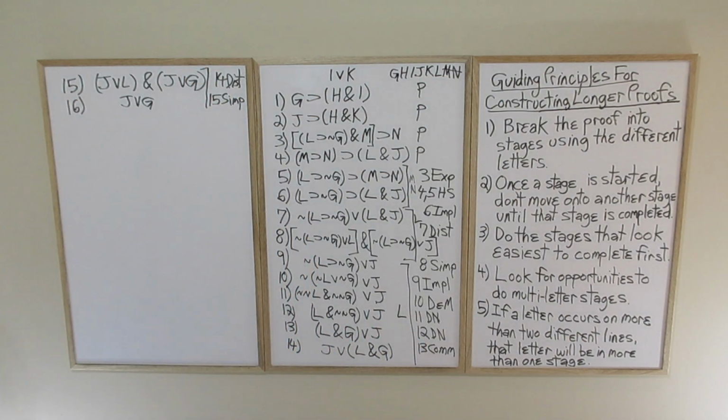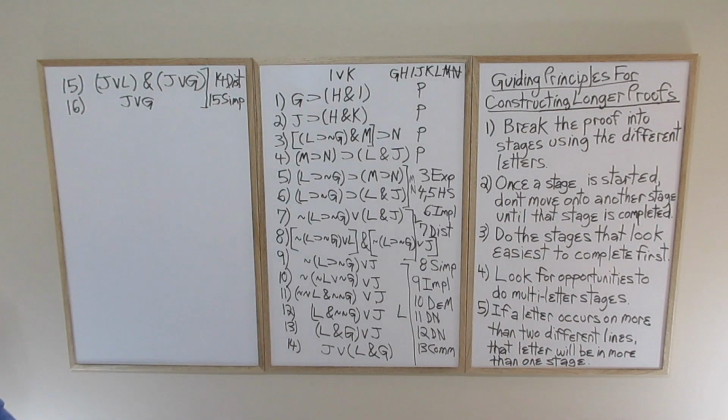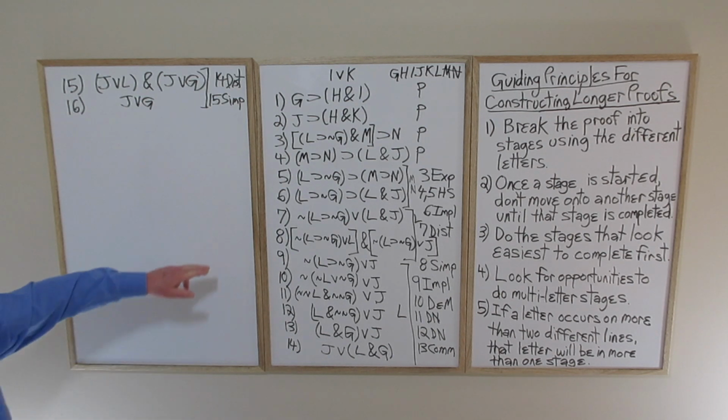The second L removal stage ended up being a little bit longer, but we were able to accomplish it. It was from lines 9 to 16, so 7 lines.